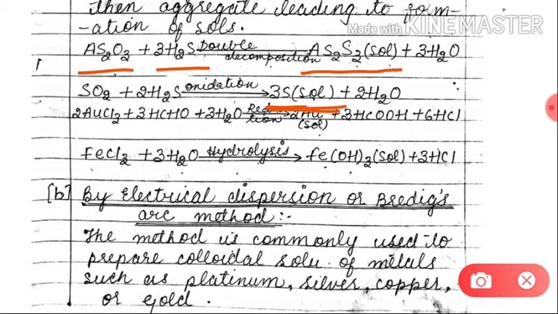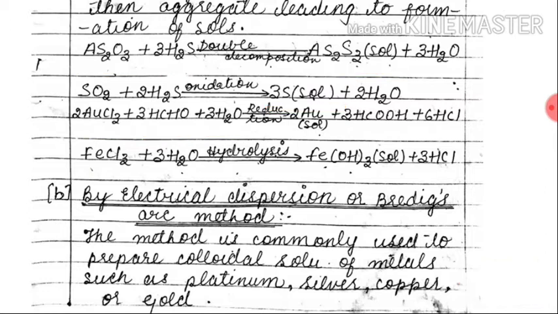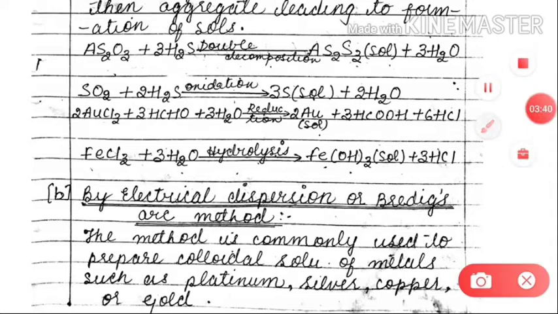Third one, gold chloride reacting with formaldehyde and water, is a type of reduction, and an element is formed in this, and this element is gold. Here the gold sol is formed. It means the gold particles which will be formed will have the dimension equal to the colloidal dimension.